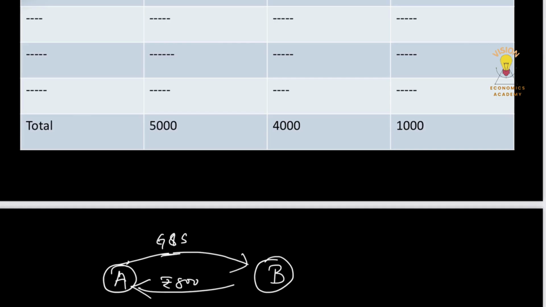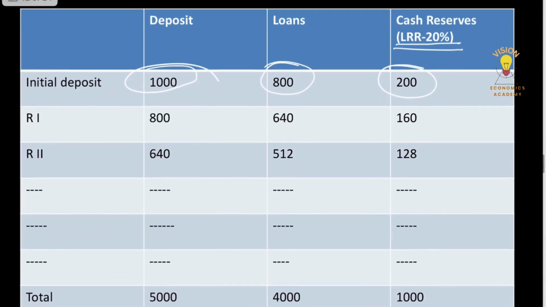Now, B got the loan of 800 and has paid it to A. Now, according to our assumption, all the transactions are routed through the bank. So A will go and deposit 800 rupees back to the bank. In the same way, the 800 rupees comes back as a deposit to the bank.